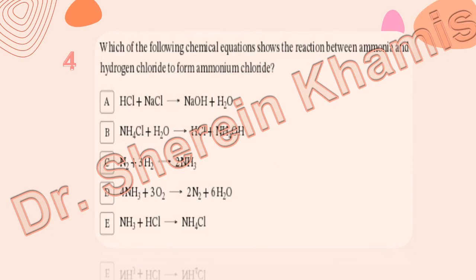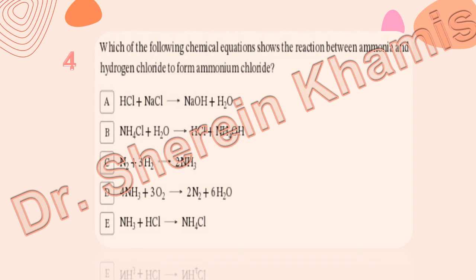question 4, which says: which of the following chemical equations shows the reaction between ammonia and hydrogen chloride to form ammonium chloride? So we have a reaction between two compounds.